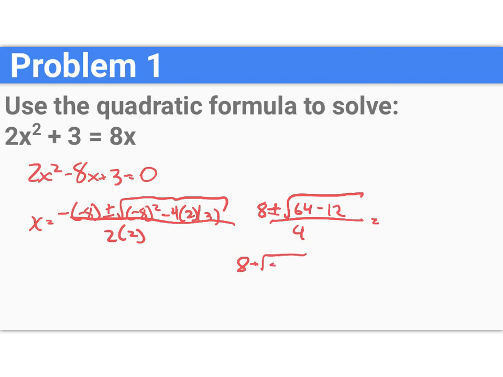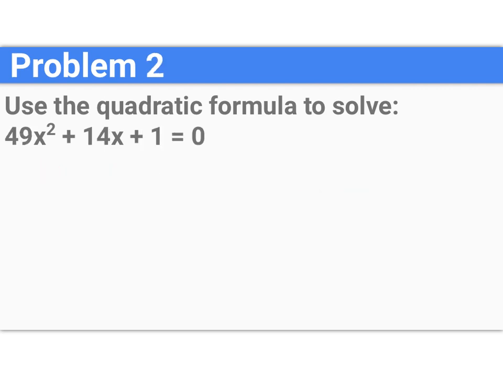No. 52 over 4 and then 8 minus the square root of 52 over 4.